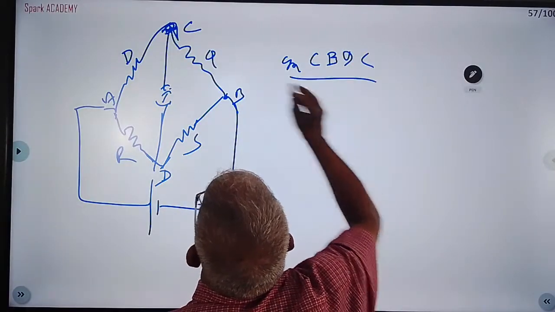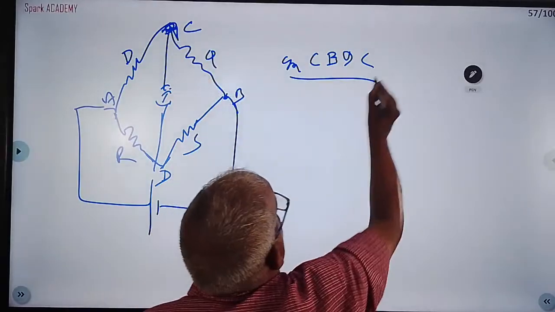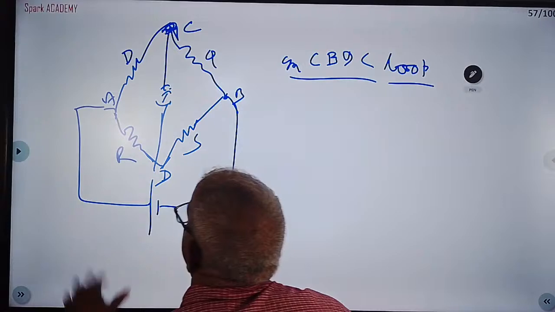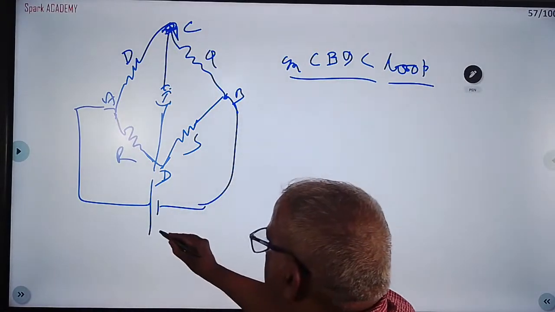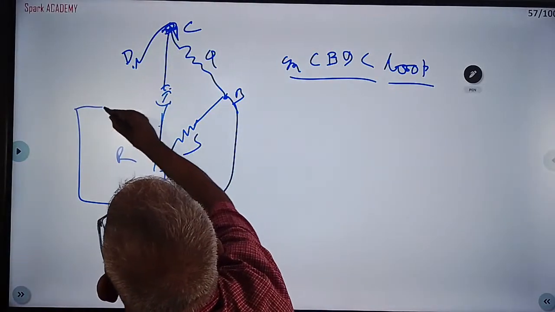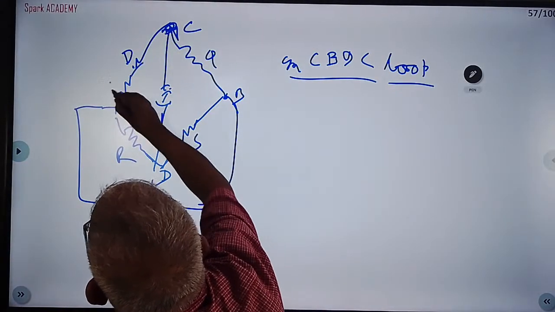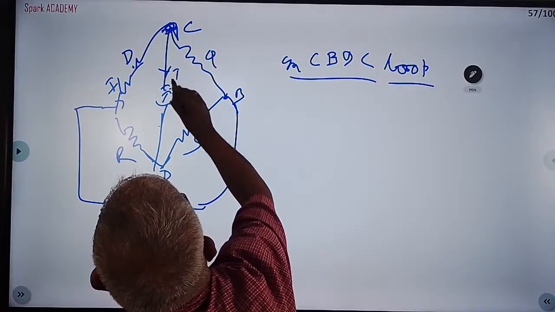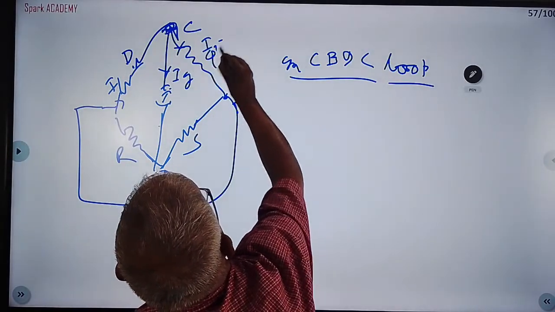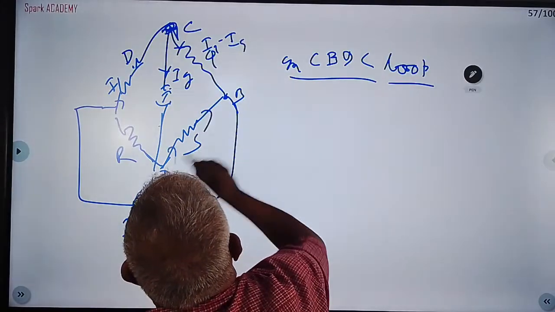In the CBDC loop, once again I am drawing that figure, which may be there with you. This is the battery sending current. Here I1 current is there. Here Ig current is there. Here I1 minus Ig current is there by Kirchhoff's law. Here I2 plus Ig current is there.